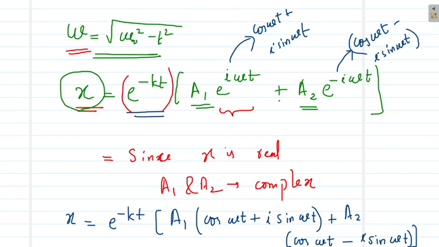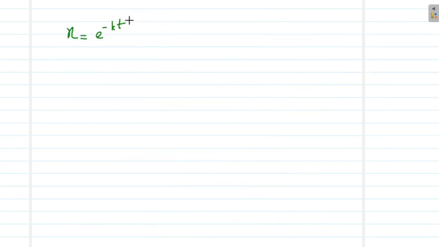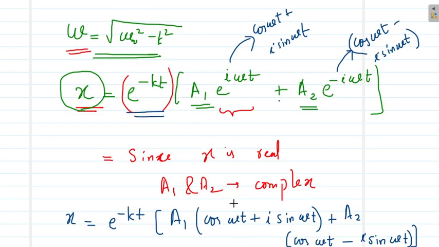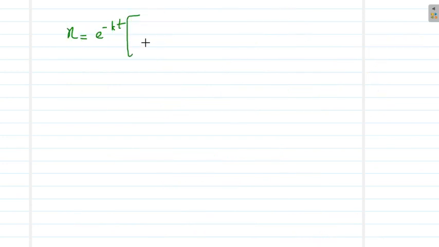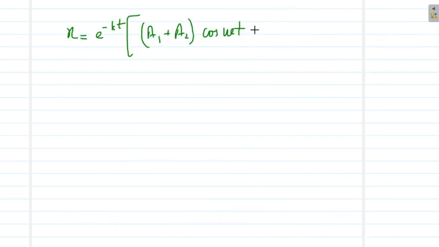Now modifying this equation, we will get x is equal to e raised to minus kt into, taking cos omega t as common, (A1 plus A2) into cos omega t, and taking i sin omega t as common, plus i sin omega t into (A1 minus A2).